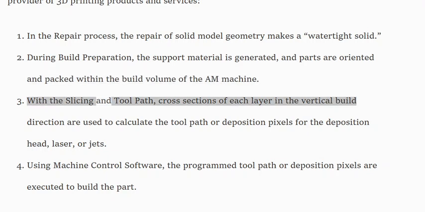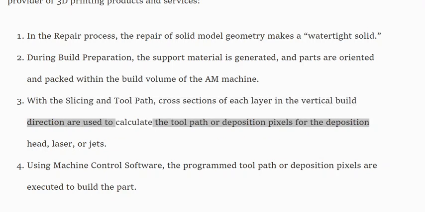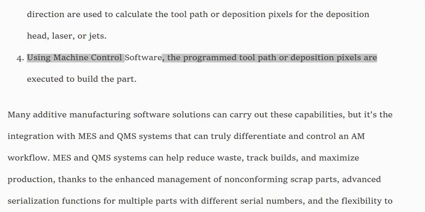With the slicing and tool path, cross-sections of each layer in the vertical build direction are used to calculate the tool path or deposition pixels for the deposition head, laser, or jets. Using machine control software, the programmed tool path or deposition pixels are executed to build the part.